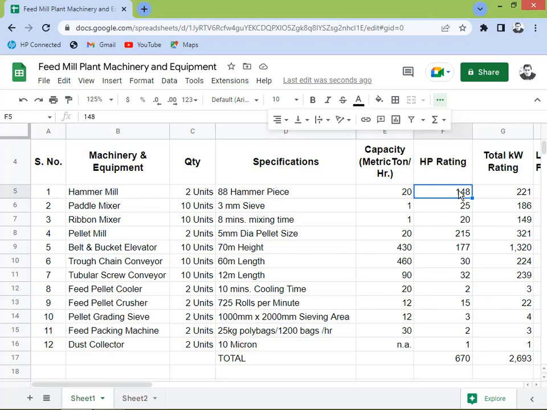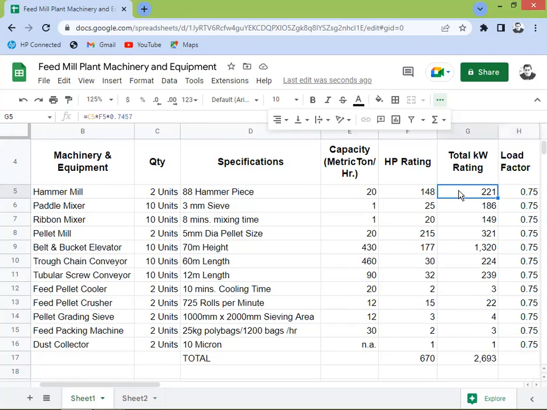But what's important for the budget is the horsepower, because most electrical motors usually indicate the horsepower rating on the information plate of the motor. Some motors also indicate the kilowatt rating on the information plate.